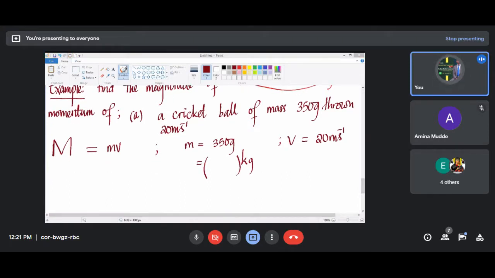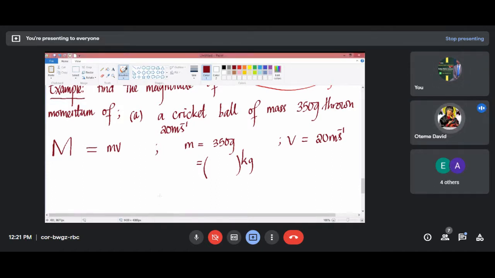What would you do to that mass, class, to change it to kilograms? Divide by 1000. So you get 350 divided by 1000, which becomes, I think, 3.5. Is it so? Master, it is 0.35. Sure?